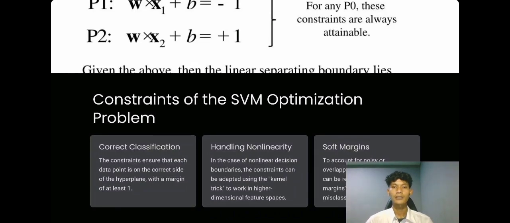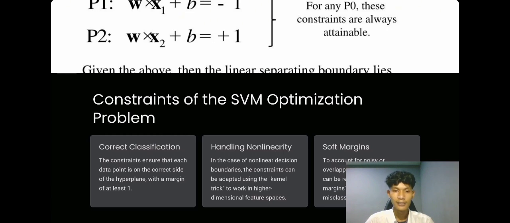Constraints of the SVM optimization problem. Correct classification. The constraint ensures that each data point is on the correct side of the hyperplane with a margin of at least 1. Handling non-linearity.